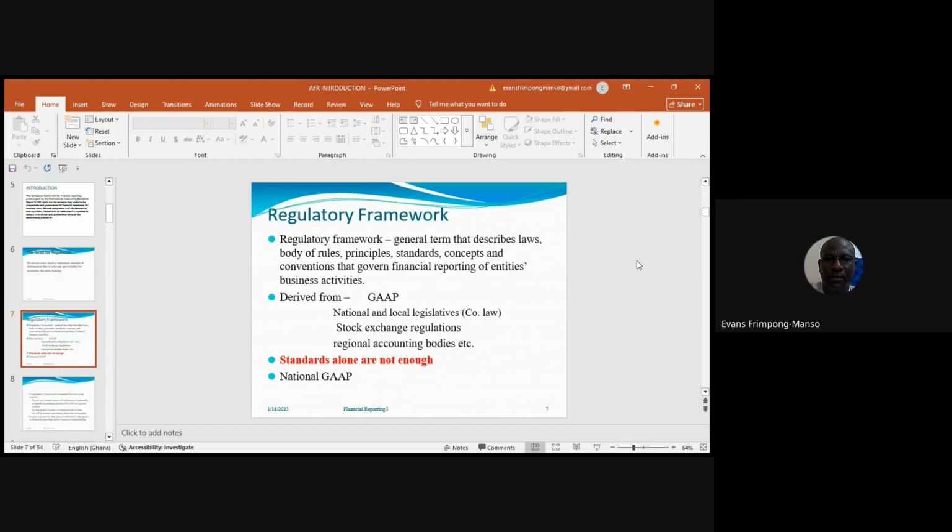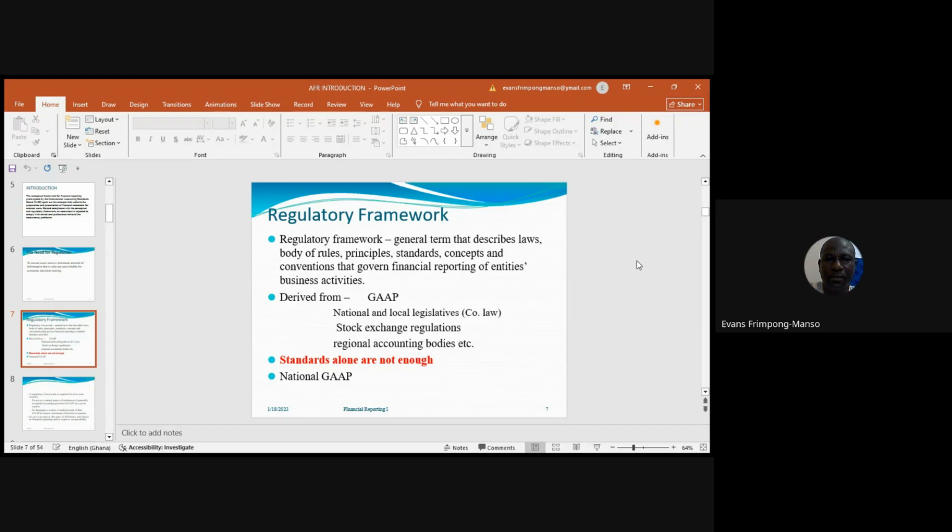Then there are some companies that also operate on the stock exchange, so they have to abide by the stock exchange regulations. And then there are regional accounting bodies which have also made some rules and principles. And so far as you belong to that regional accounting body, you have to follow those rules.